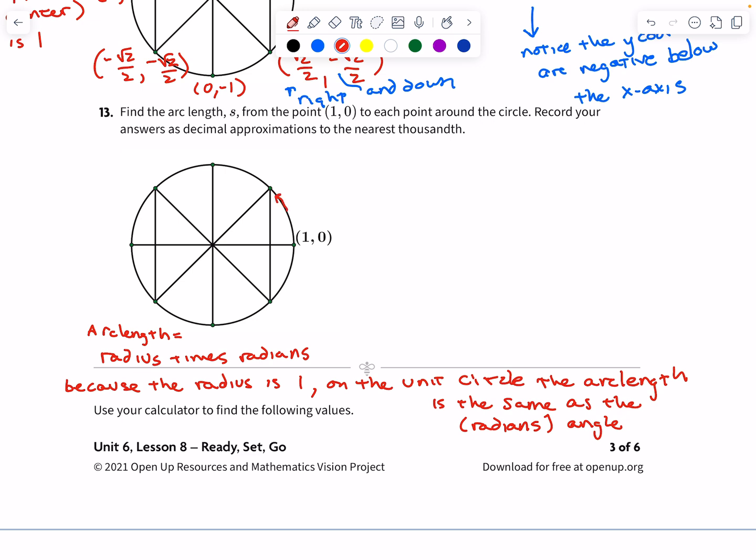Okay, so for this angle, which is pi over 4, the arc length, and then we'll just do the rest of them.